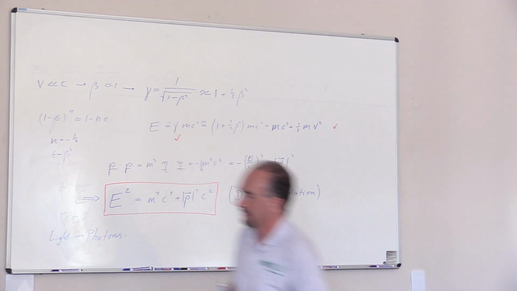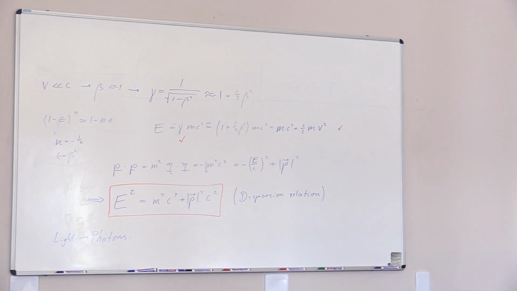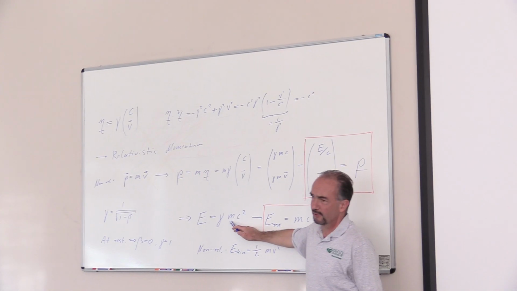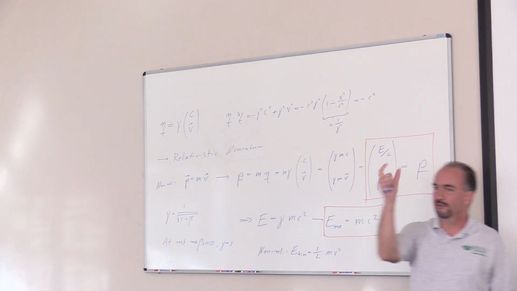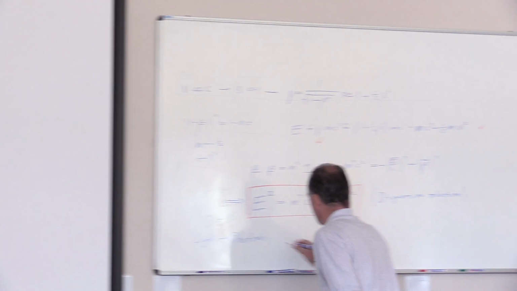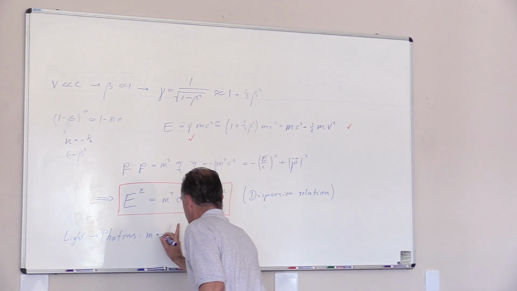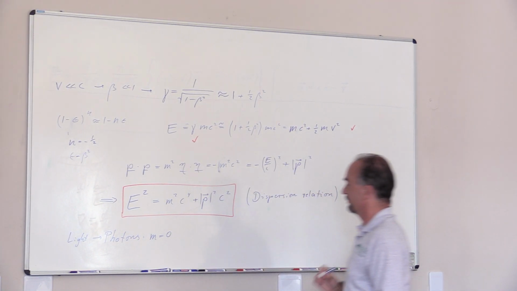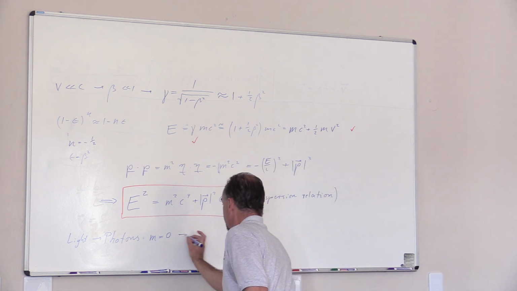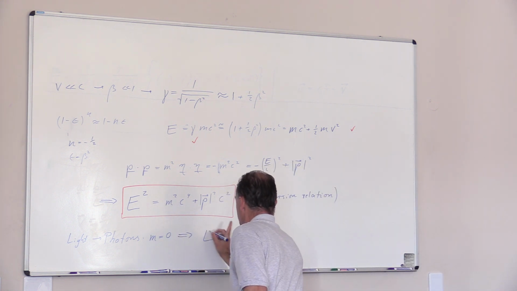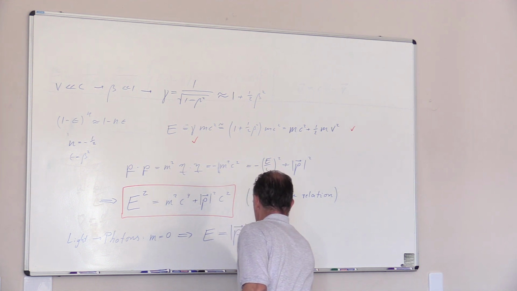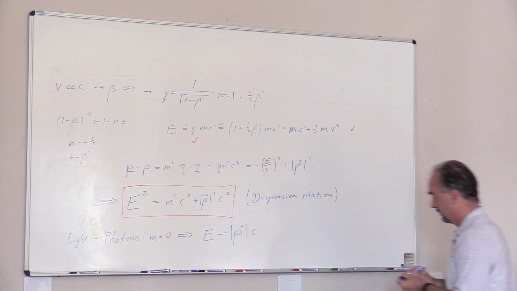What is the only way to get this to make sense? If this becomes infinity, you can only do that if the mass is 0, so that you still end up with something finite. So photons, if they move with the speed of light, have mass equal 0. So if we set the mass equal to 0 here, we know that the energy is simply related to the momentum times speed of light.